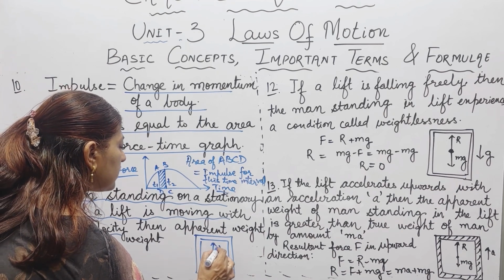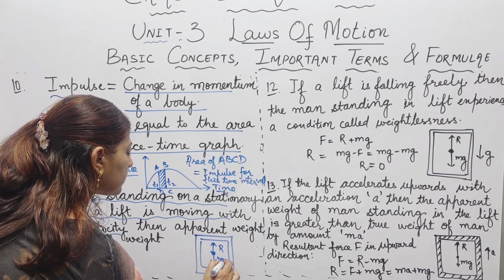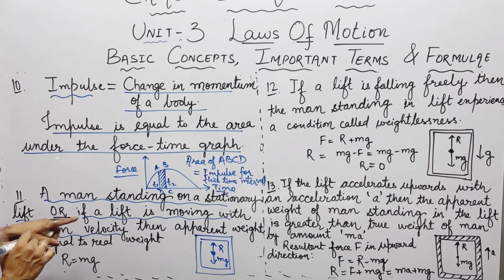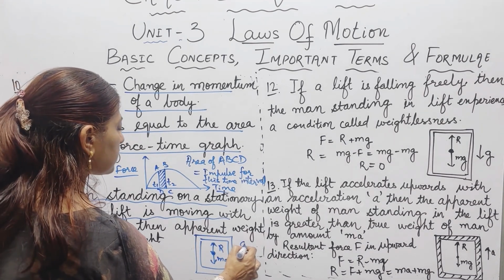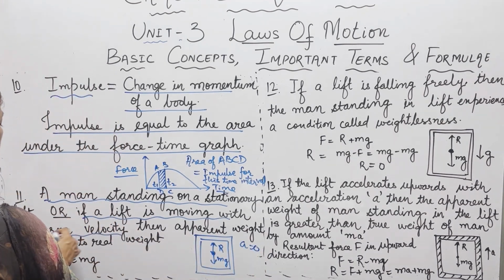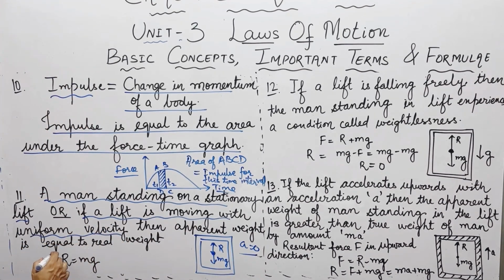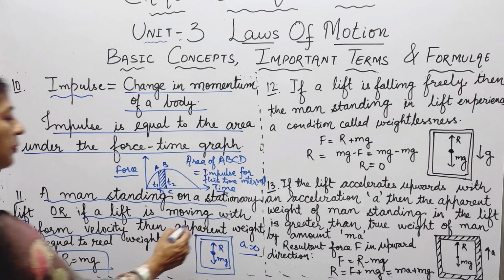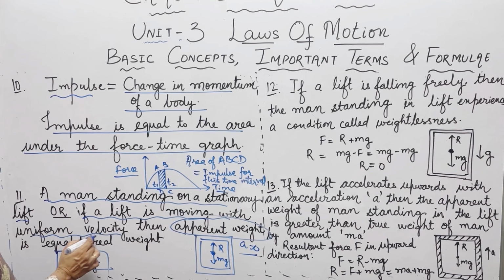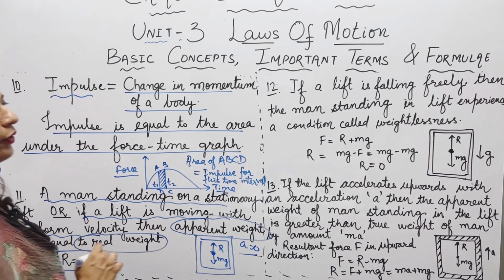The reaction is in the upward direction and the weight mg is in the downward direction. For stationary, a is 0, and for uniform velocity again a is 0. So in that case R will be equal to mg, the reaction on the body is equal to mg, and in other words the apparent weight is equal to the real weight of the body.